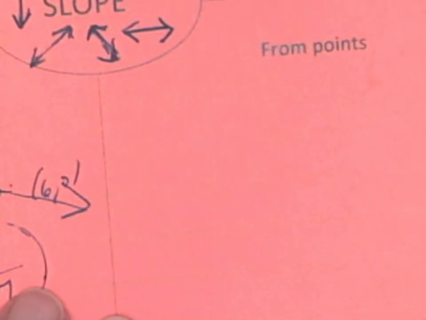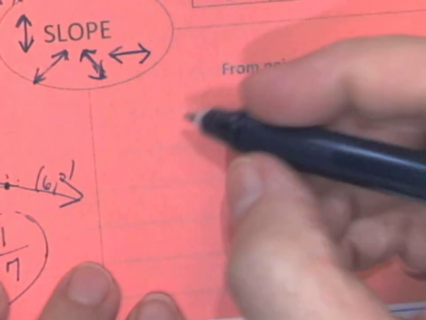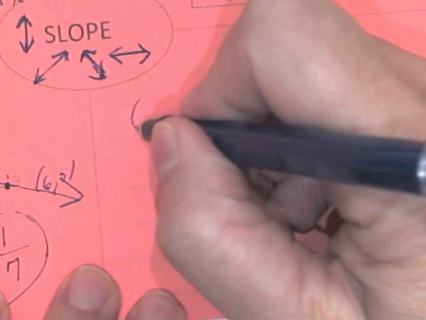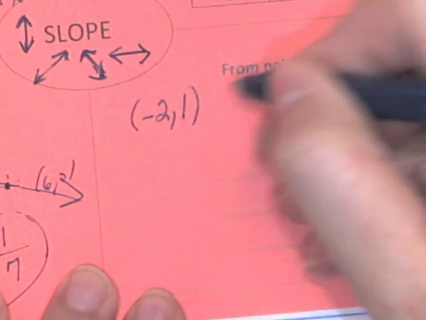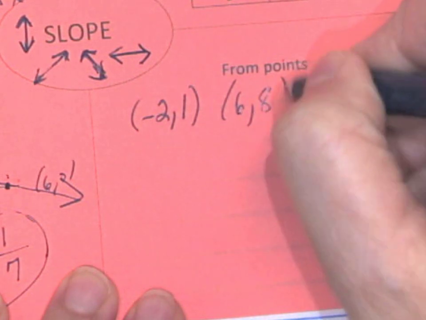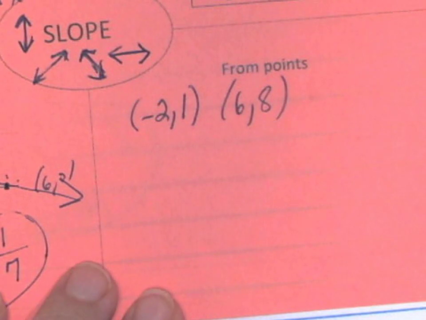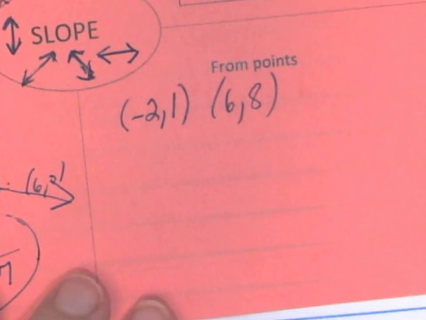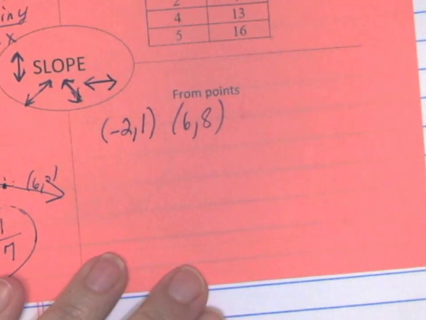So let's go over here to 2 points. Let's say that I don't have the graph, that I just have 2 points, and I want to find the slope. So I have the point negative 2, 1, and the point 6, 8. There is a formula, the slope formula, that we will use. We will plug into this formula. It'll work every time.